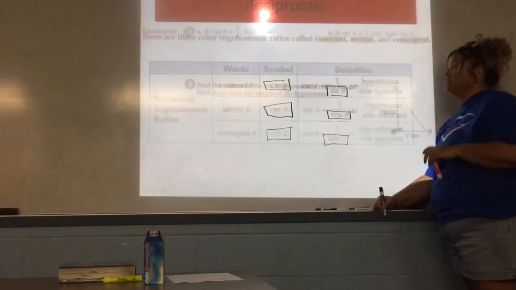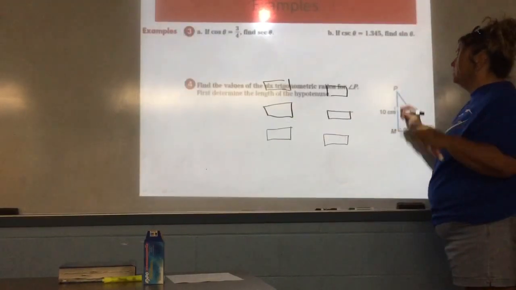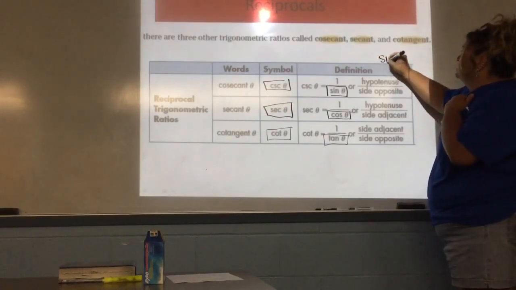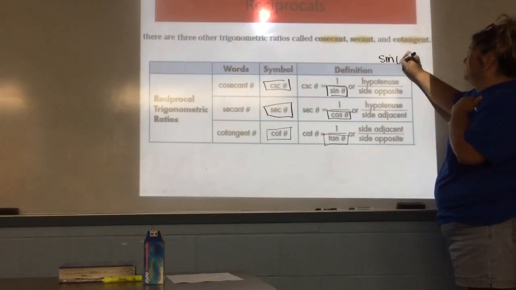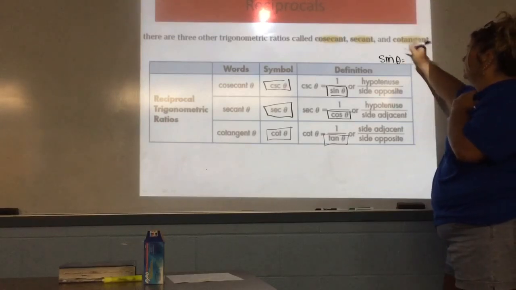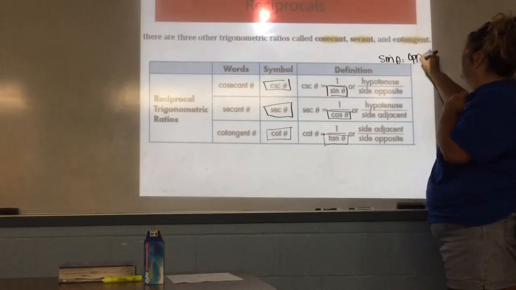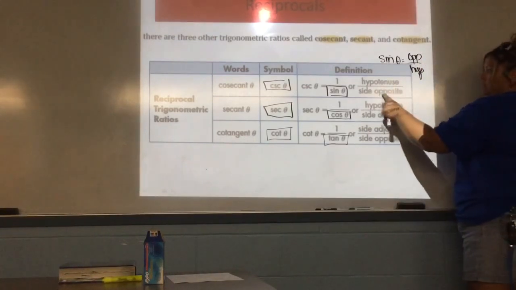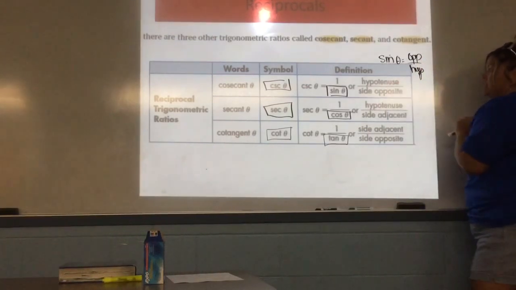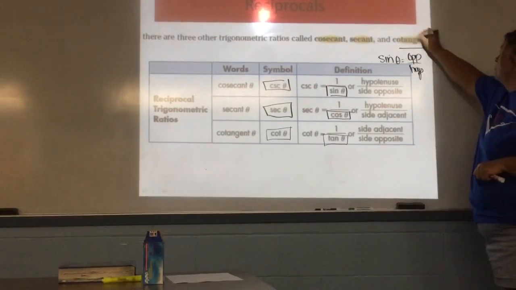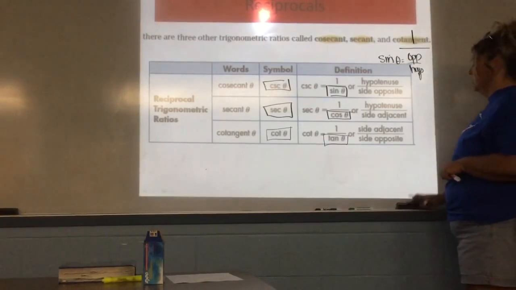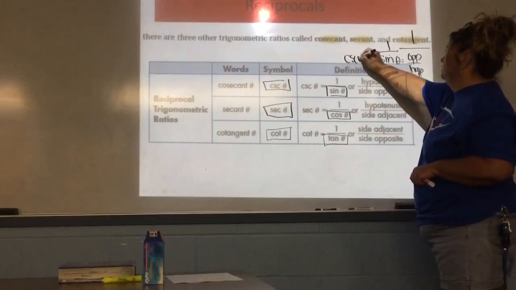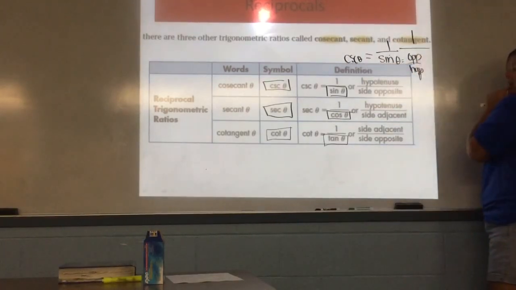Go back for just a second. Look here. What did we say sine was? Sine was what over what? Opposite over hypotenuse. So what happened to it? It just flipped, which makes sense, right? Because if we put this over 1, and cosecant is over 1, how do we divide fractions?